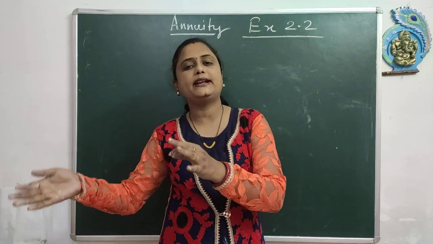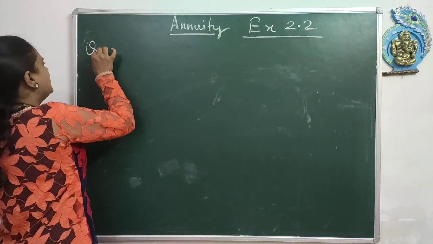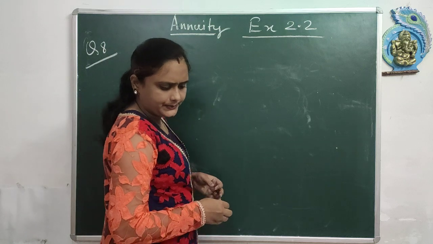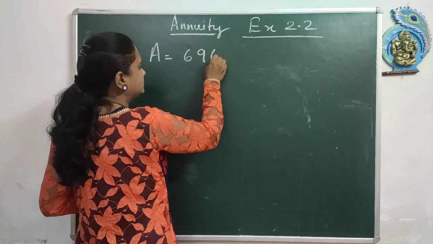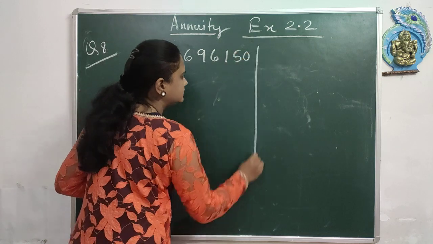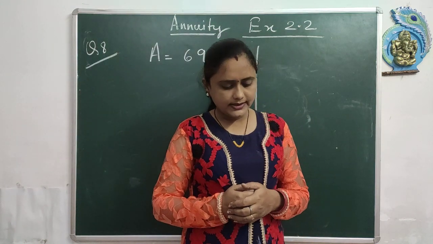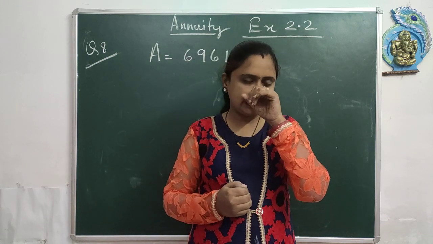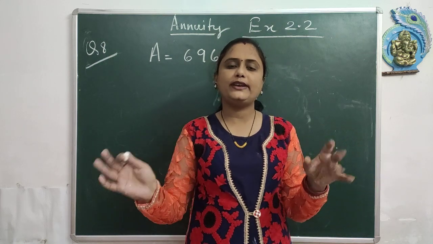Again a fund of rupees, that means again this is the accumulated value. Okay, question number 8, accumulated value is how much? 6,96,150. Okay, after 4 years, at the time of his retirement, after 4 years उसको इतना amount चाहिए है, he wants to accumulate this much.